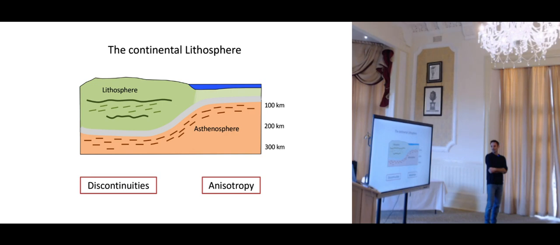But the big problem is that we very often look at them completely separately. We use different data sets and produce different models of discontinuities or models of anisotropy, and very often they are inconsistent and very difficult to reconcile.